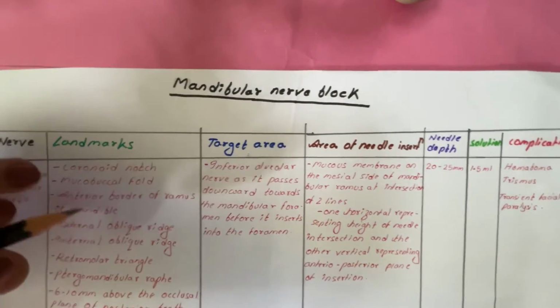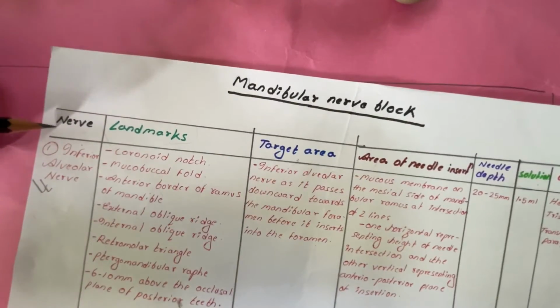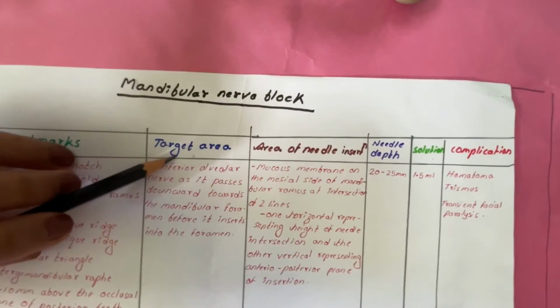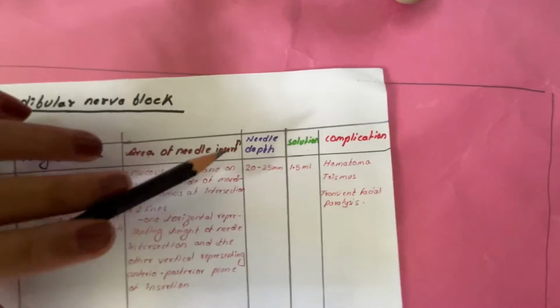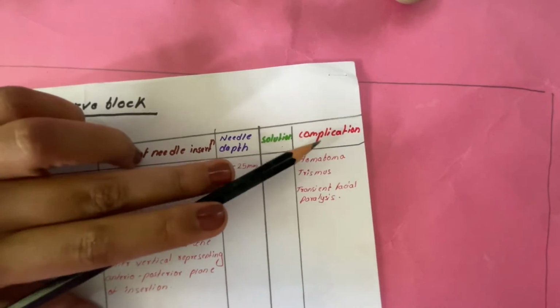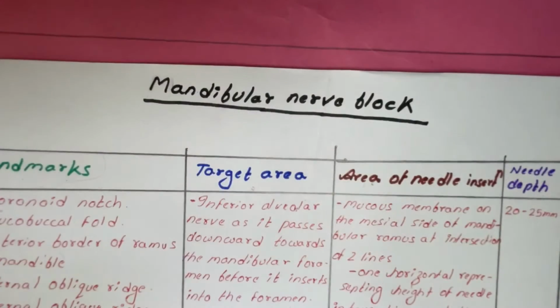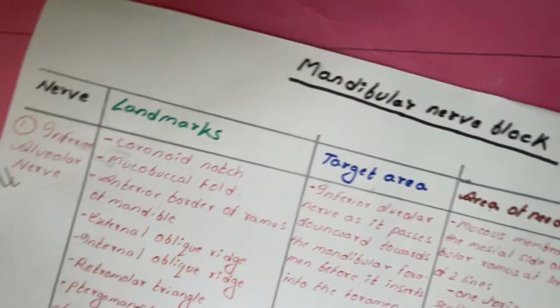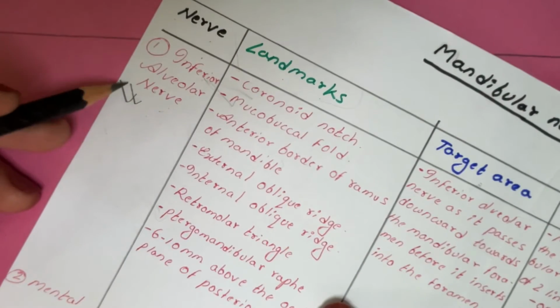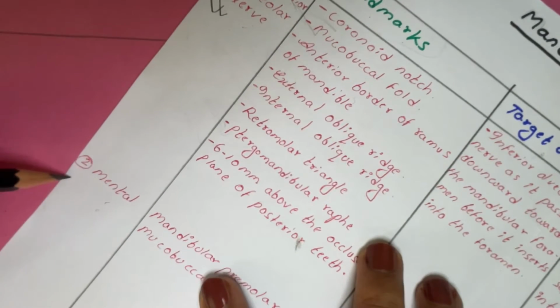Each column consists of nerve, landmarks, target area, area of needle insertion, needle depth, solution, and complication. The most important two mandibular nerve blocks are inferior alveolar nerve block and mental nerve block.